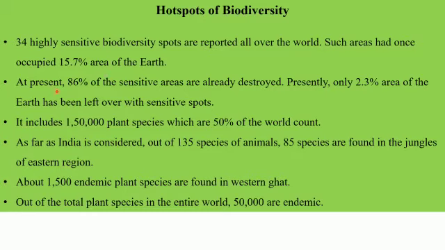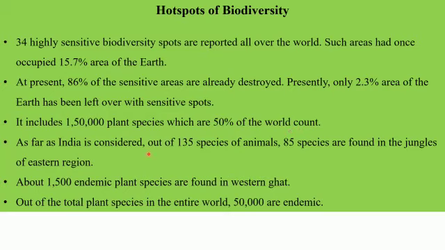At present, 86% of sensitive areas are already destroyed. Presently, only 2.3% area of the earth has been left with sensitive spots. It includes 150,000 plant species, which are 50% of the world count.